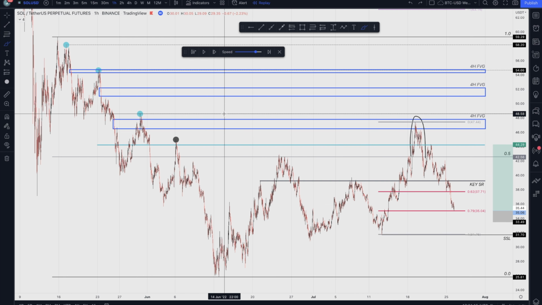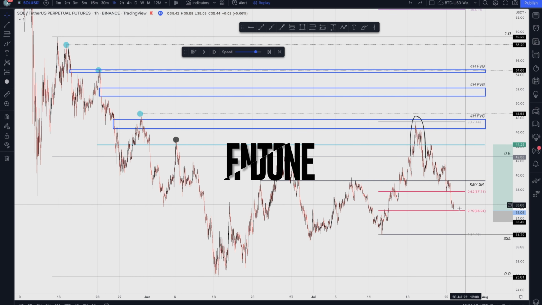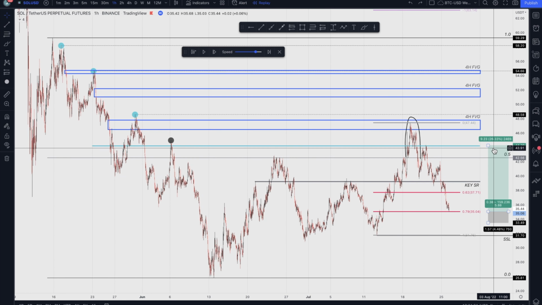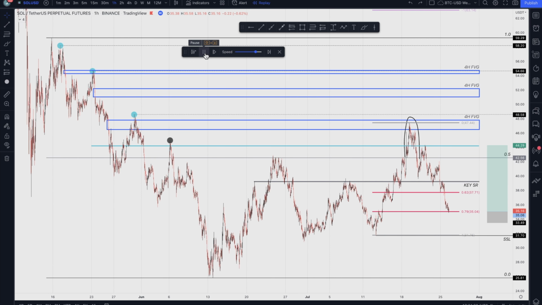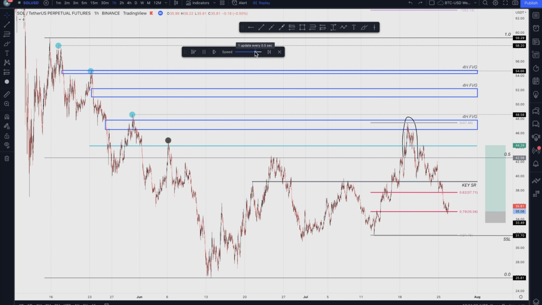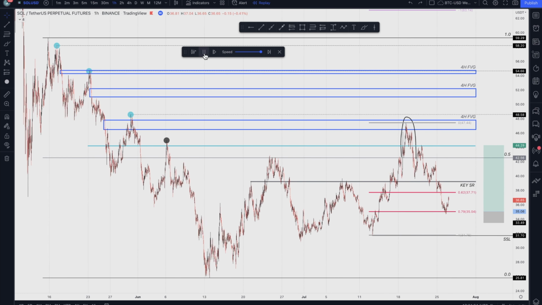All right, so now we know the setup. The entry has been made. You can see here, this is where you want to take profit, and let it move. Entry made. Now I should increase the speed.